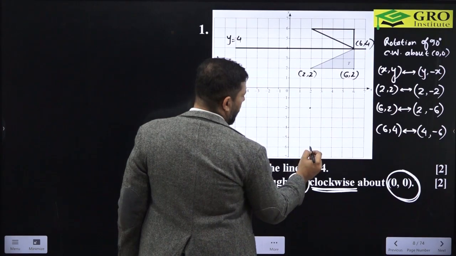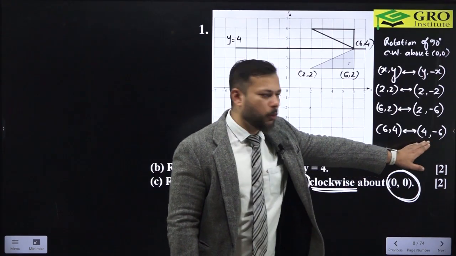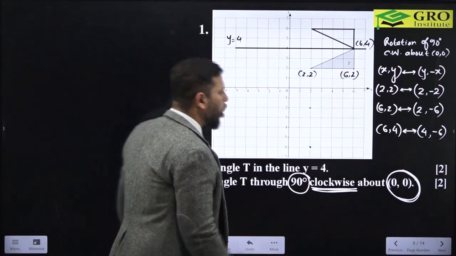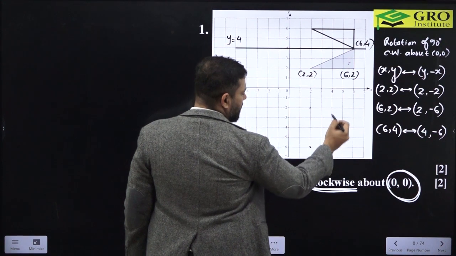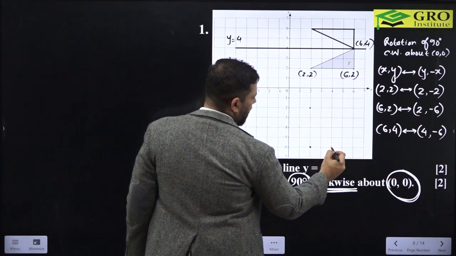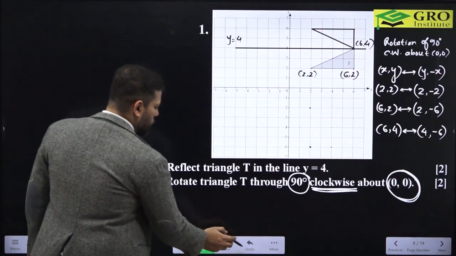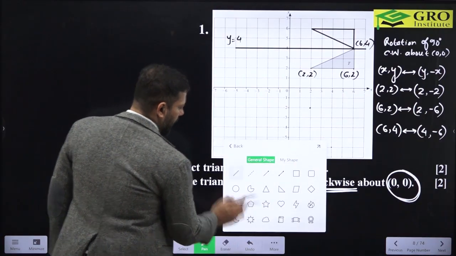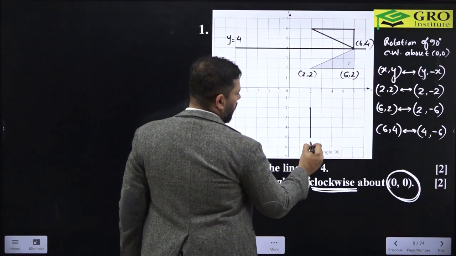This is (2, -2). This is (2, -6). And the last point's coordinate is (4, -6). So 4 to the right direction and 6 at the bottom. So it would be here. (4, -6). Let us now join it and make the rotated triangle. So it would be from here till here.